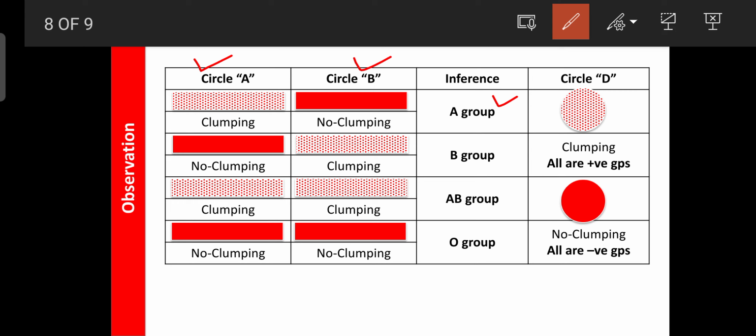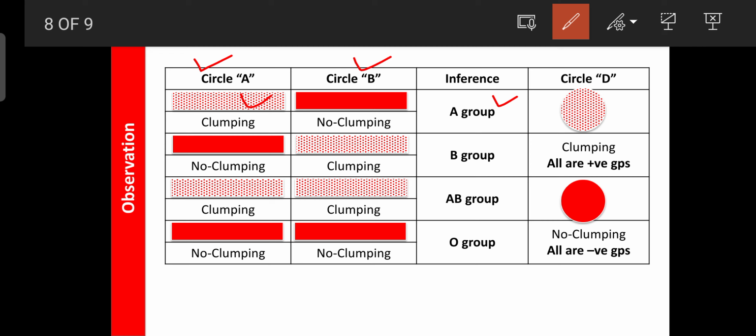It means antibody antigen B is not present. Only here the blood separates like a precipitation, like a coagulation, like a curd, when mixed with antigen A. So it denotes that antigen A is present in that blood, and so that blood group is A.